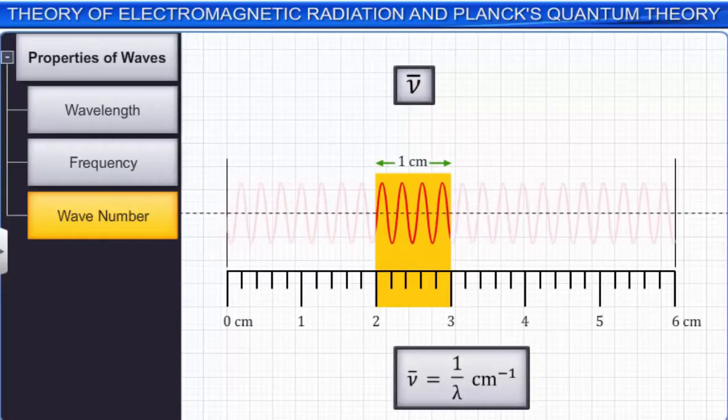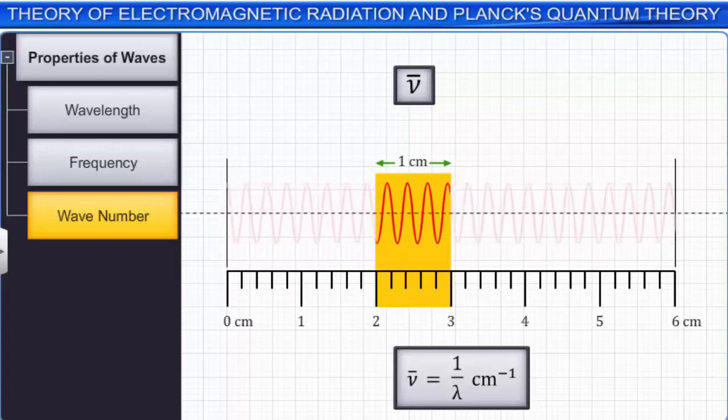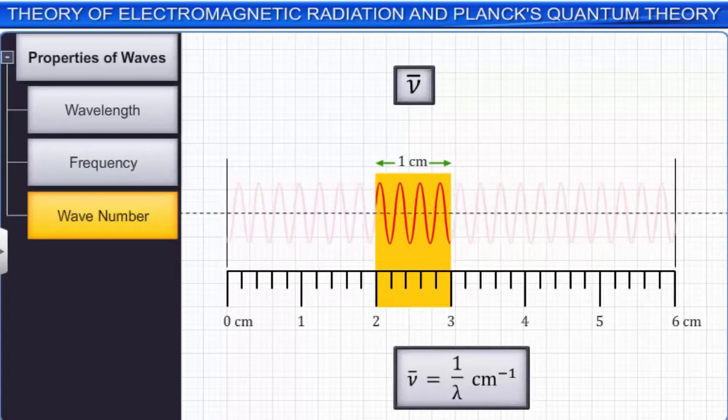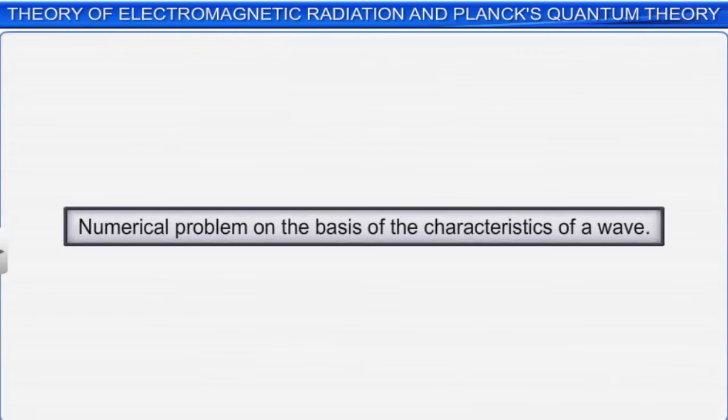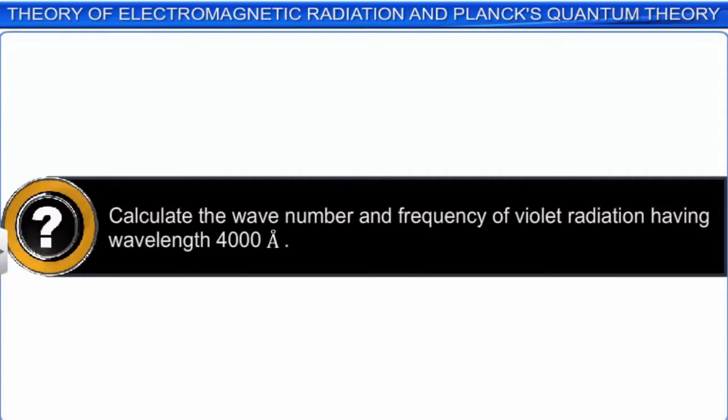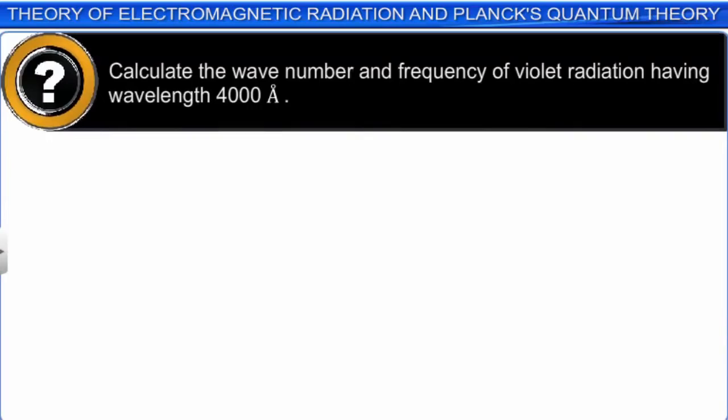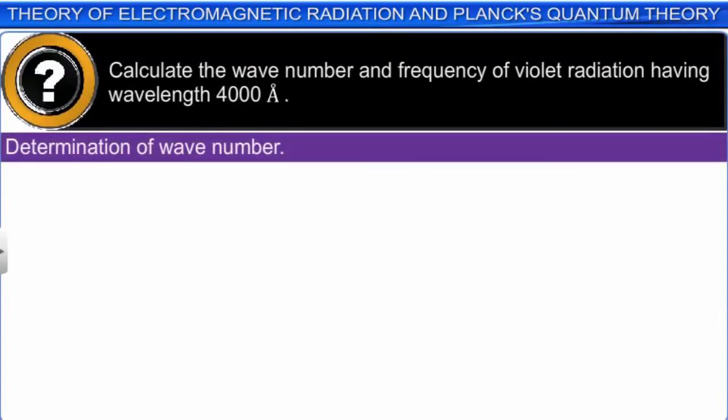Let us now solve a numerical problem on the basis of the characteristics of a wave. Calculate the wave number and frequency of violet radiation having wavelength 4000 angstrom. First, let us calculate the wave number. The first step involves writing the formula to calculate wave number, that is, nu bar equals 1 by lambda.